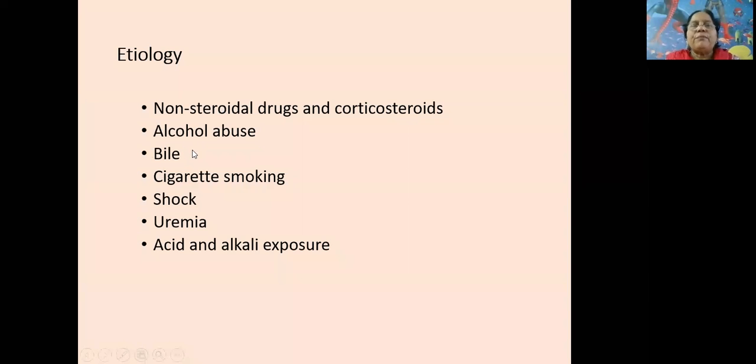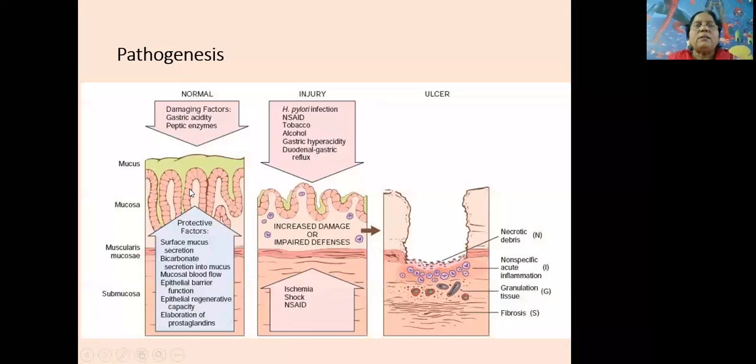So it is a reflux. Then shock, that I will come to, and uremia, and acid or alkali exposure. How does this happen? Mistakenly or in a suicidal attempt, this is being consumed. All of these are etiologic factors for acute gastritis.